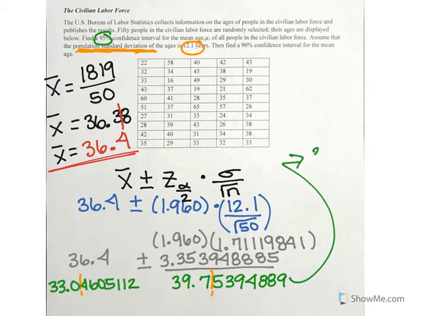We have 33.0. That 4 doesn't change the 0, but you must write that 0 because that's not 33 on the dot, it has a decimal point. So put that 0, to 39 point, and that 5 makes that 7 become an 8.